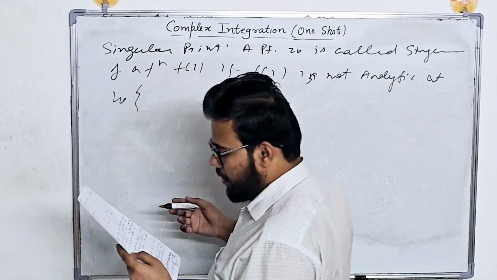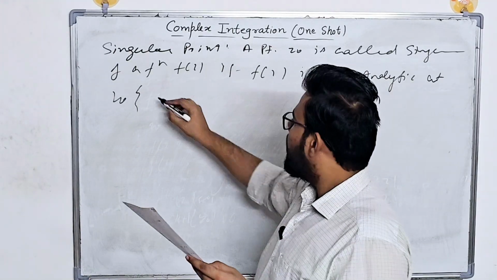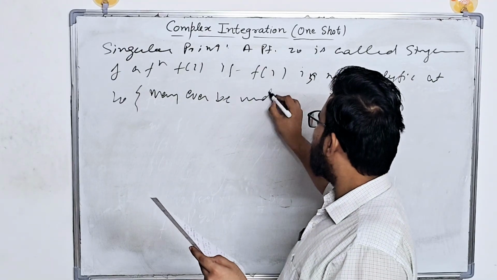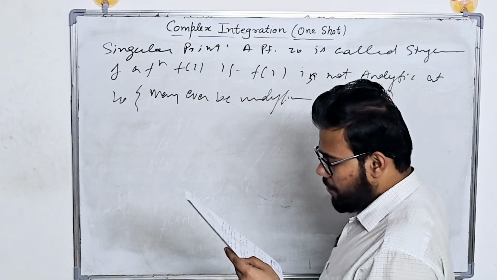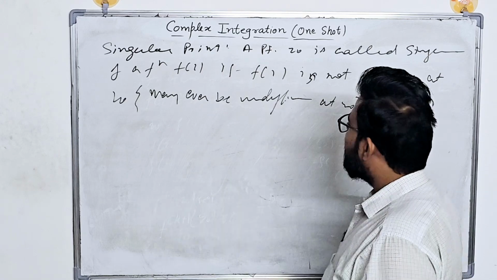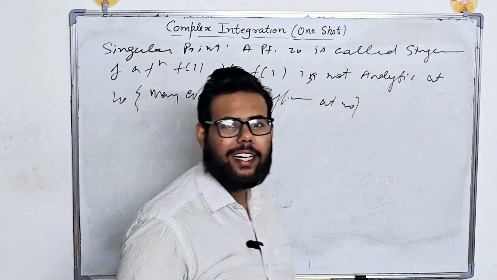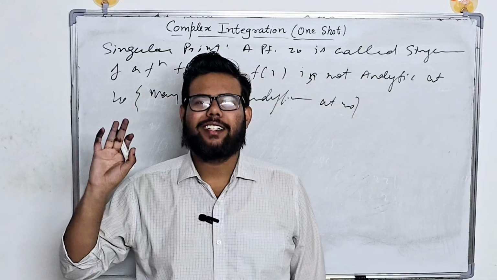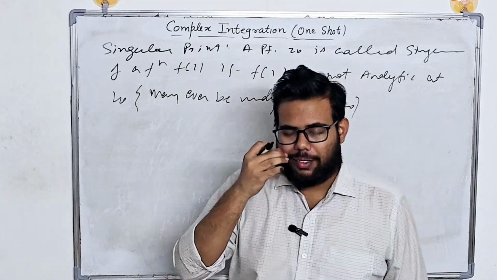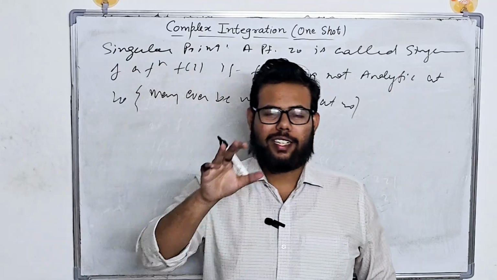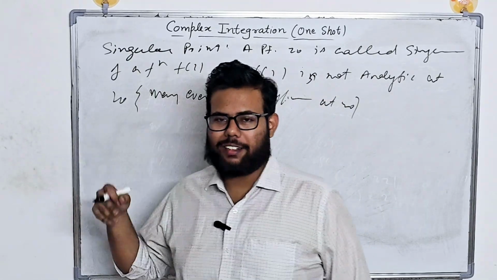Maybe it is not defined, may even be undefined at z naught also, right? Sorry, please don't mind my writing, it is just to tell you all what it is. It is not for any notes. We will discuss everything using questions. I was just writing it like that.